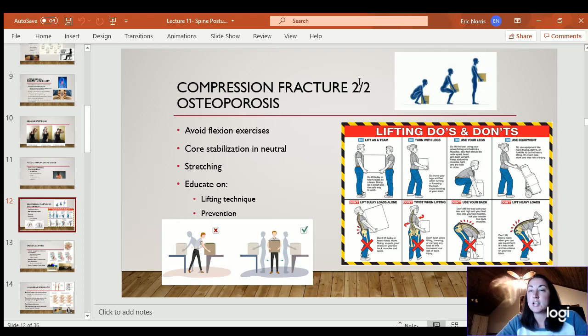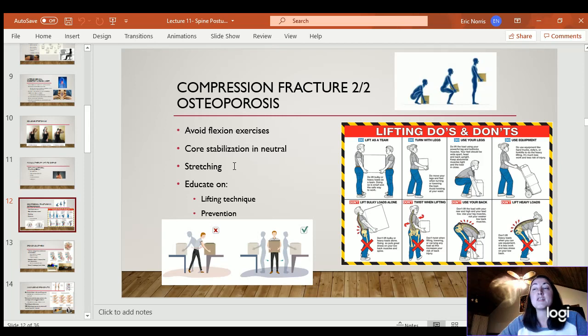So I really wouldn't recommend repeated flexion like crunches for any low back patient, but especially for these. You do want to teach them some proper lifting techniques, proper ergonomics, how to move around so that they're not damaging. Oftentimes that's kind of what caused the compression fracture to begin with, was doing something with poor mechanics.